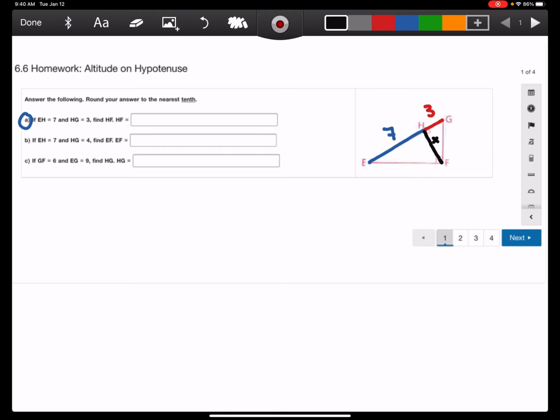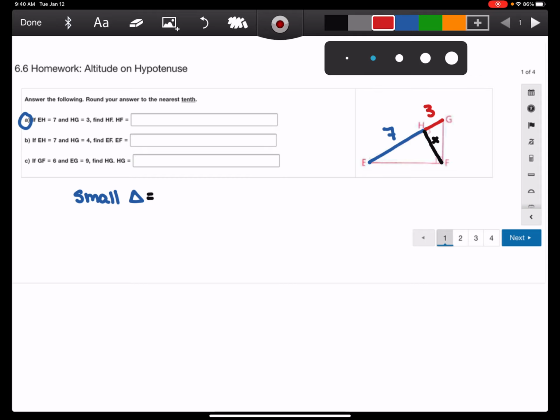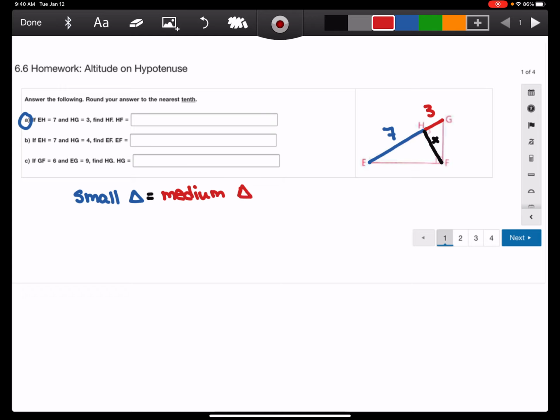So therefore, I'm going to have my small triangle, let me go ahead and write this, my small triangle, and that will be set equal to our medium triangle. So that will be how we set up our ratios. We're using the small triangle on one side of our proportion for that ratio, and on the other side of our proportion, we're using the medium triangle.